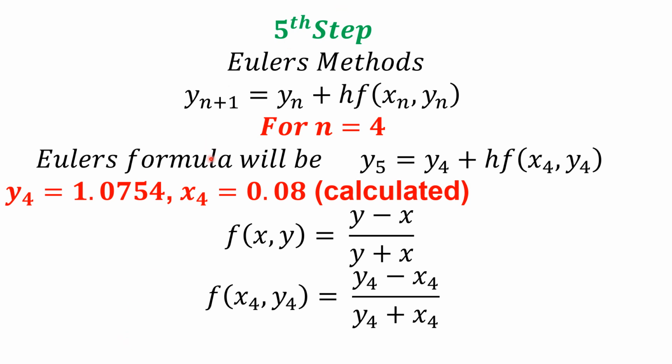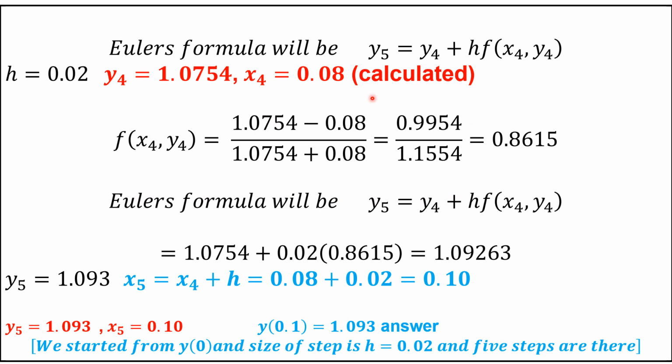The fifth step, same thing, for n equal to 4, y5, y4. This x4, y4 we already calculated. So y5 you can calculate in this way. The function f(x4, y4) you have to calculate, and further now this is the Euler formula. So y5 we will calculate here.